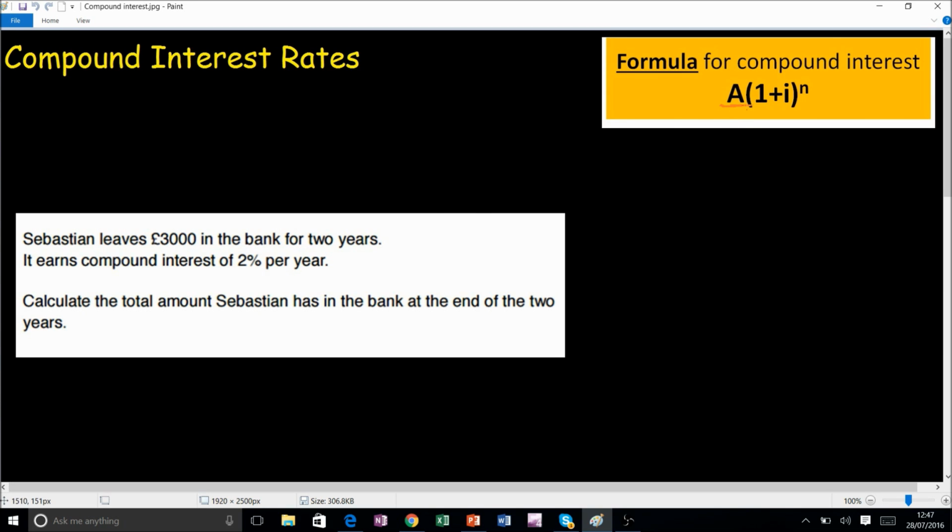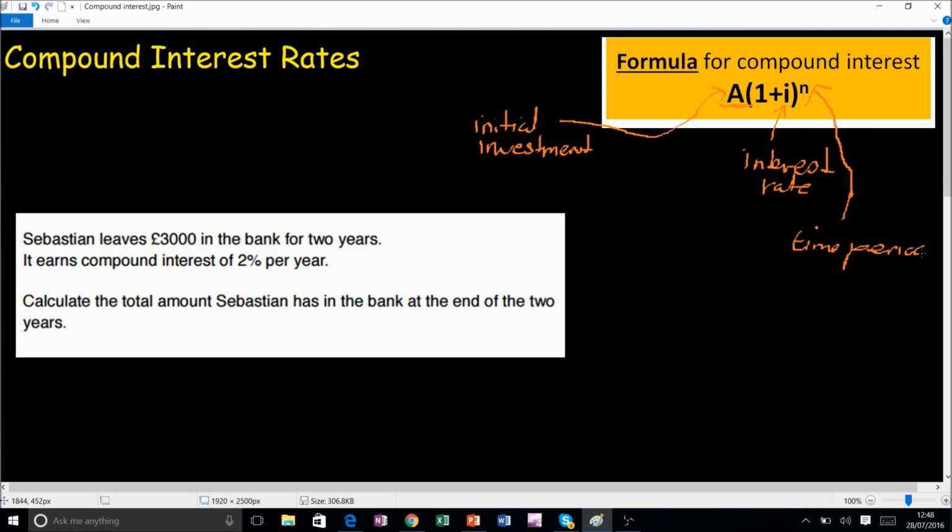And we should remember that A is the initial investment, and I is the interest rate, and n is our time period, or how long we invest the money for. Okay.